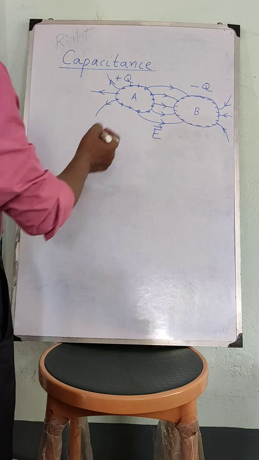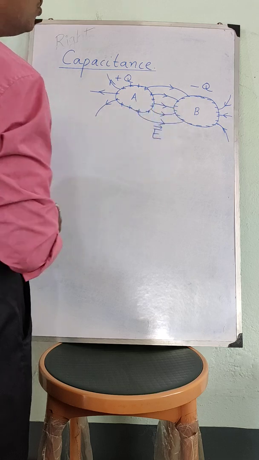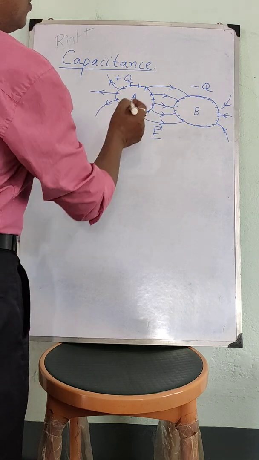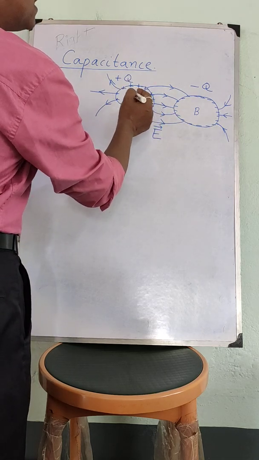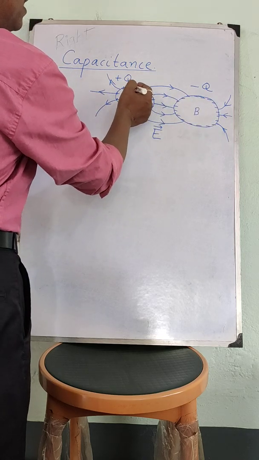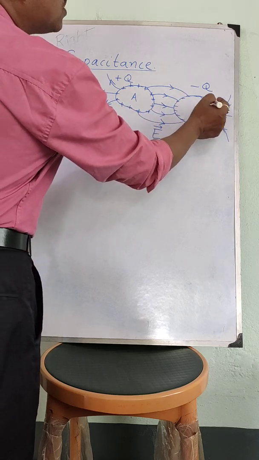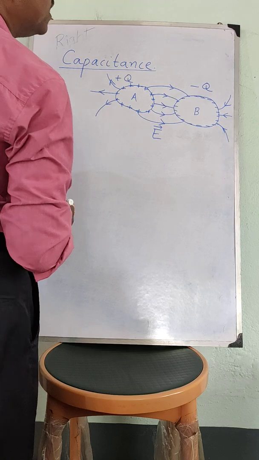Okay. Now, we want to calculate the potential difference between the two conductors. Now, since these conductors are equipotential, all the points on this conductor are at the same potential. Similarly, all the points on this conductor are at the same potential.